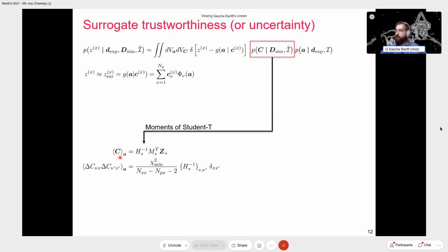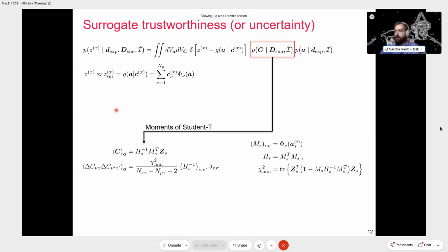So the first moment of the C is this short expression where the M is a matrix composed of the basis functions phi that we had in our generalized linear model, evaluated at the samples or pivot points in parameter space, and then sampled into this matrix here. Now H is just M transpose times M, and Z was the data, so the expectation is just H inverse times M transpose times Z.